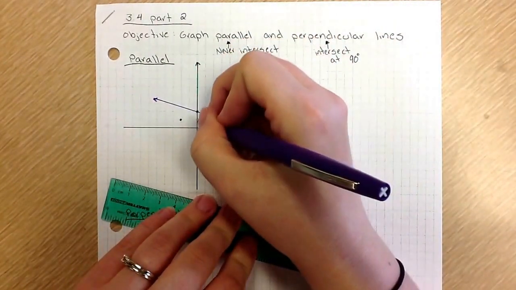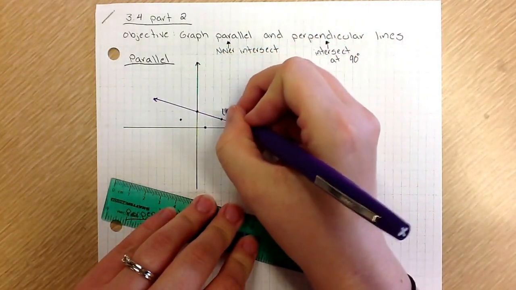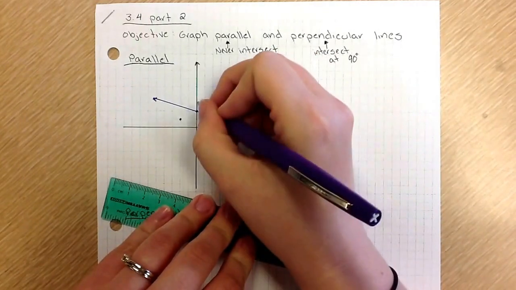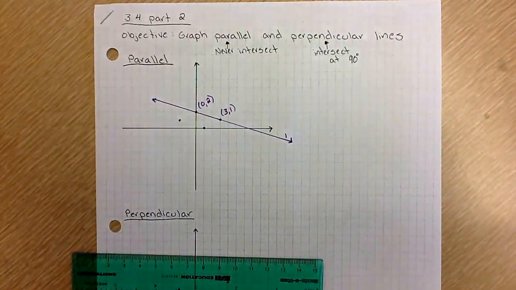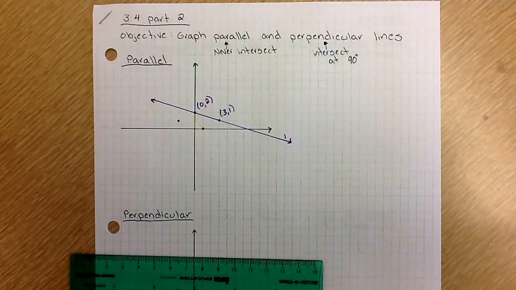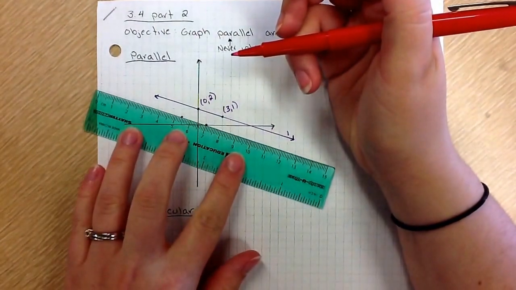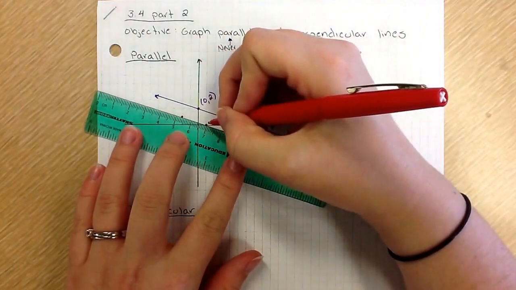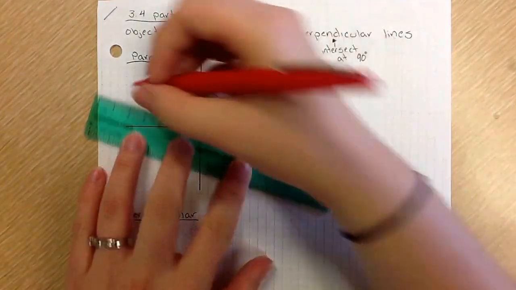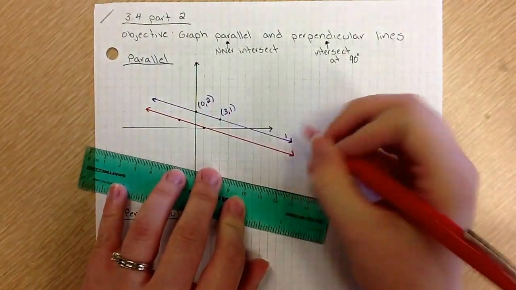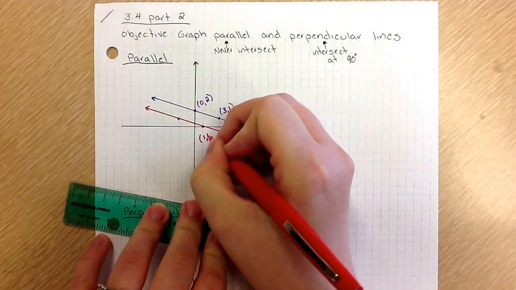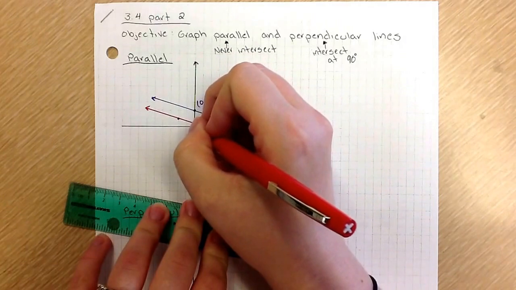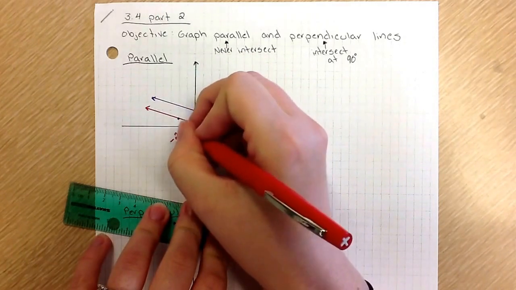The ordered pairs on that are the point 3, 1, and the point 0, 2. And now let's do the red line. Here, the red one. We'll call that line 2, and the ordered pairs on that are the point 1, 0, and the point -2, 1.